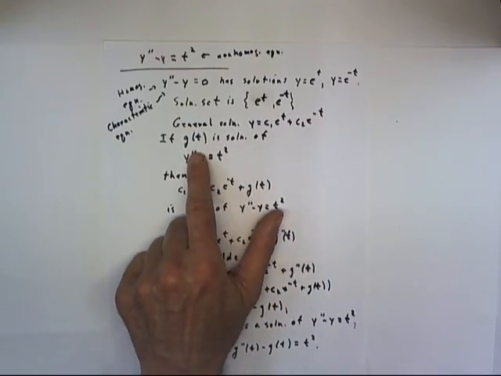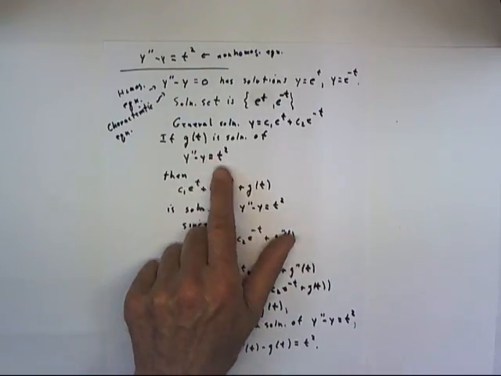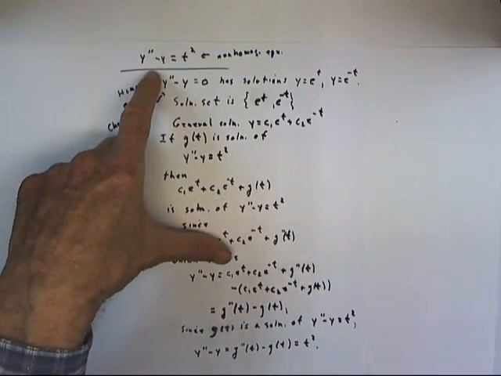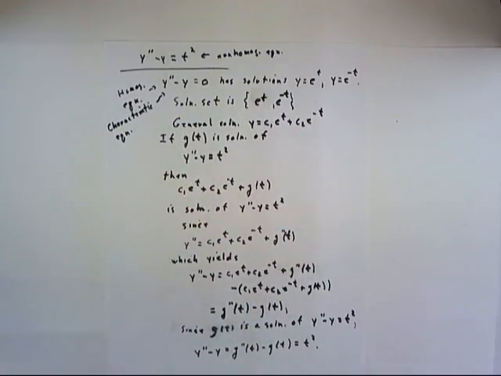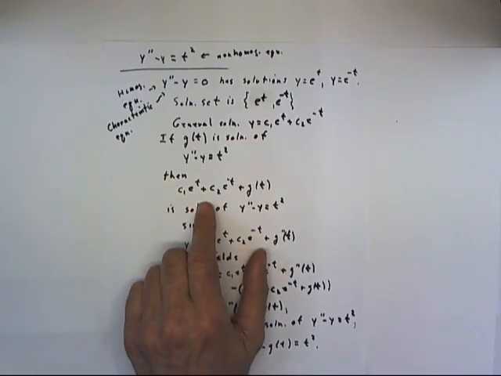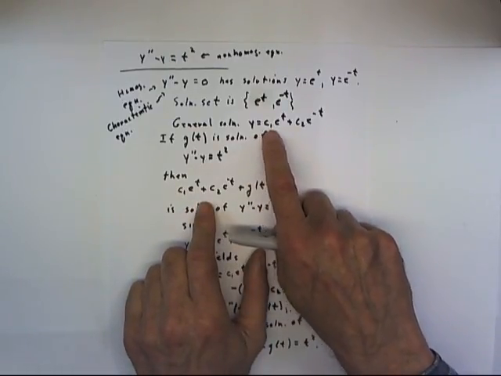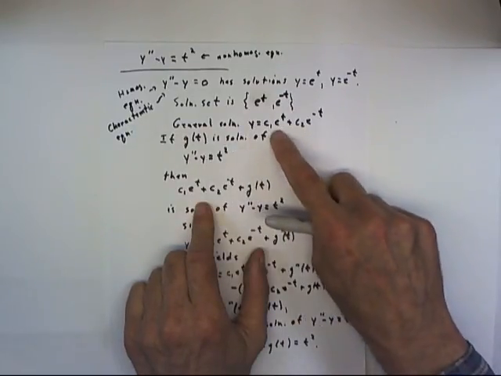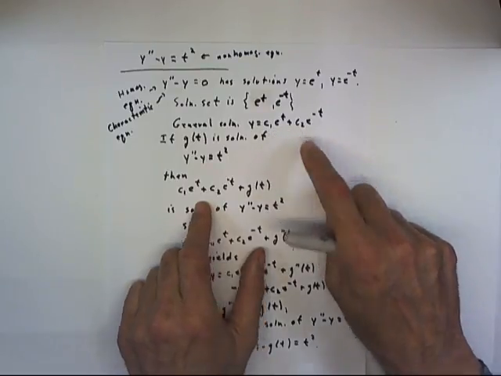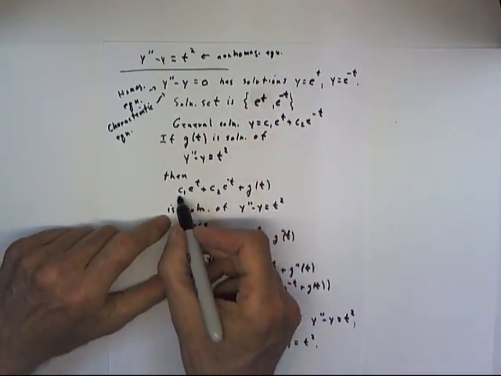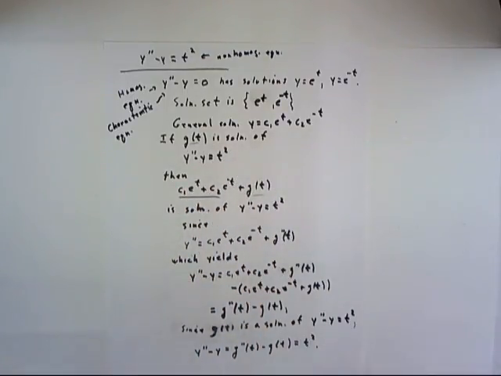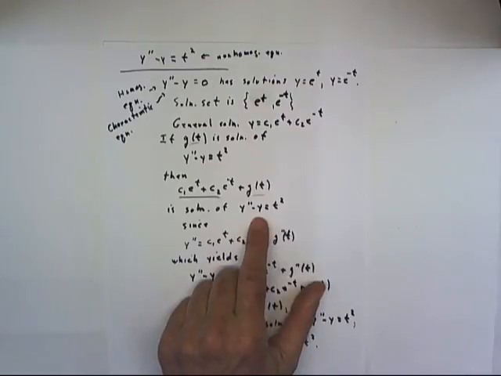I'm going to make the statement, if g of t is a solution of this equation, that is our non-homogeneous equation, then if I add the solution to the homogeneous equation, which we're going to call the characteristic solution, to our g of t here, it's also a solution.